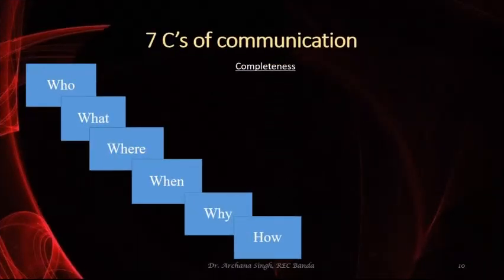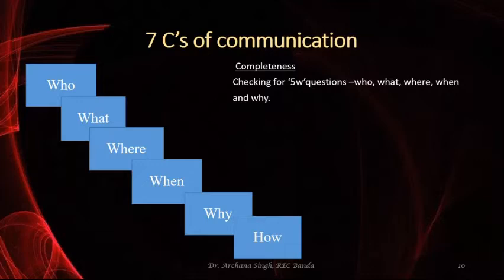Now the next is your completeness. So whatever information you are providing should be complete in all senses. It means it should answer these 5 W's, like who, what, where, when, why and how. You have to check all these.